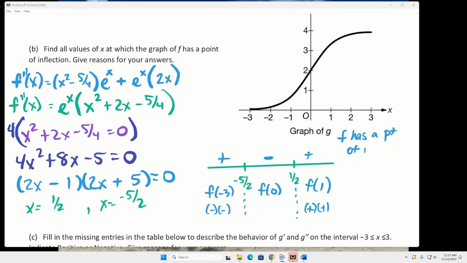I'm going to abbreviate. On the real test, don't abbreviate, please. We're just running out of time and room. Change its sign.